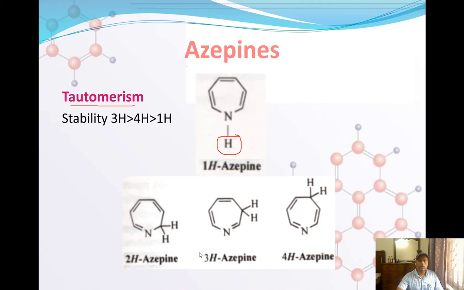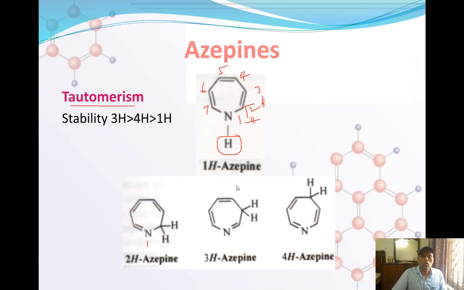These are the other tautomeric forms. 2H-azepine: if this is 1, this is 1H, then 2, 3, 4, 5, 6, 7. In that, this is 2H-azepine. At position number 2, you have two hydrogens, and there is no double bond over there. So that's why it is 2H-azepine. If it is at position 3, it is 3H-azepine, then 4H-azepine. So these are the tautomeric forms.